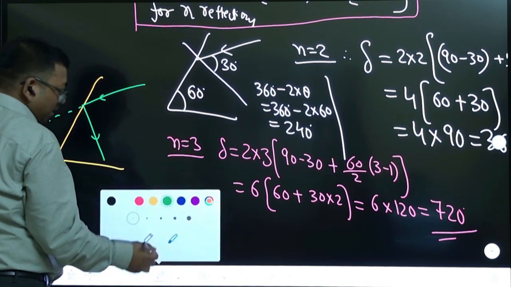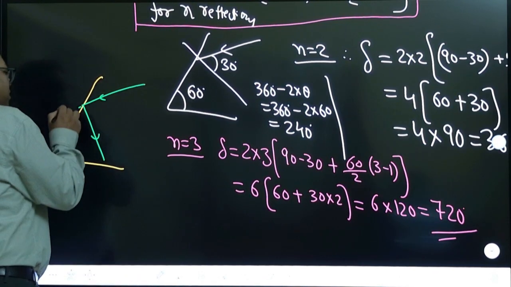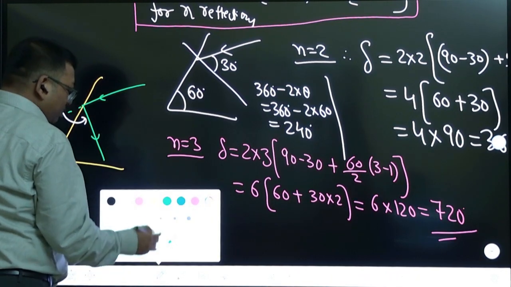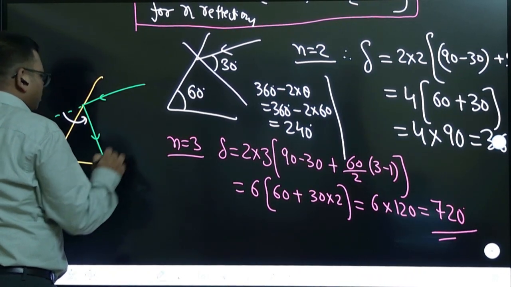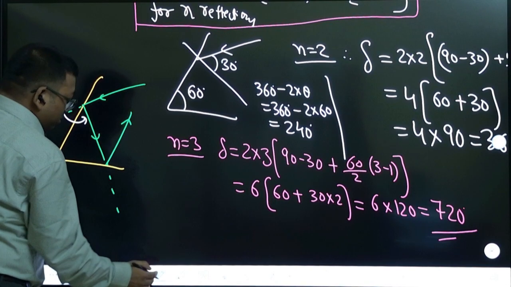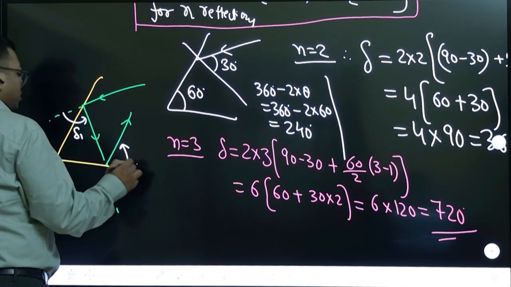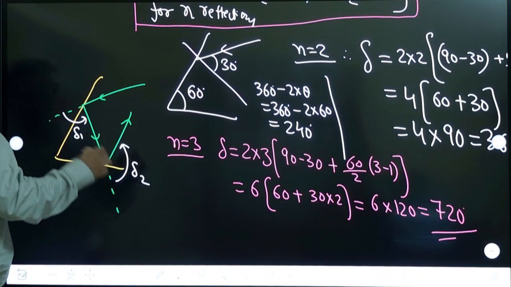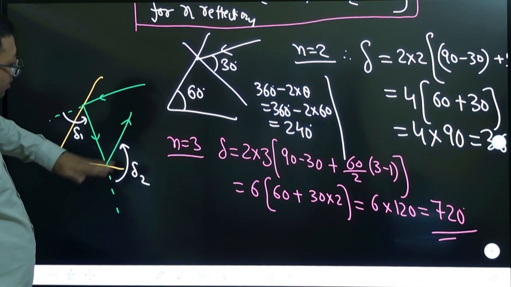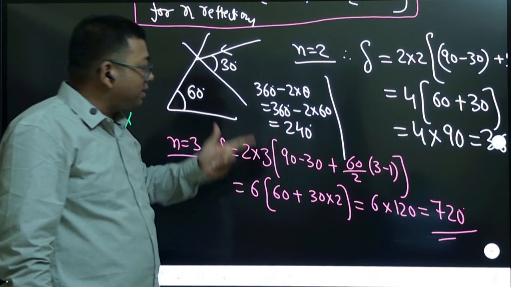So the deviation that has happened, it has happened in anti-clockwise. Then suppose for example here deviation happens, so this deviation has happened again in anti-clockwise. So these deviations we will simply add because they are going in the same circle, anti-clockwise they are going, so we have to add them.